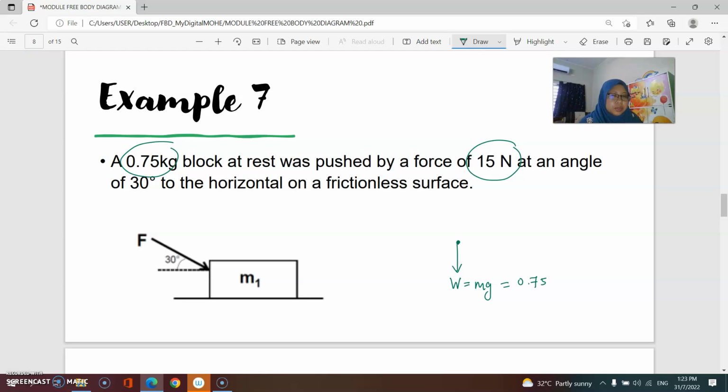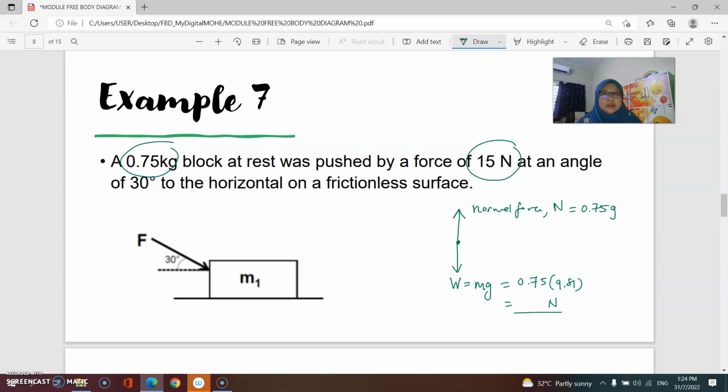The mass is 0.75; mass will always be in kilogram. And then we have gravity 9.81. The answer would be in Newton. So this is the gravitational force. And there must always be a normal force here, which we can represent with an N.